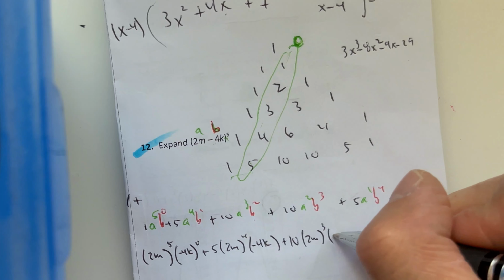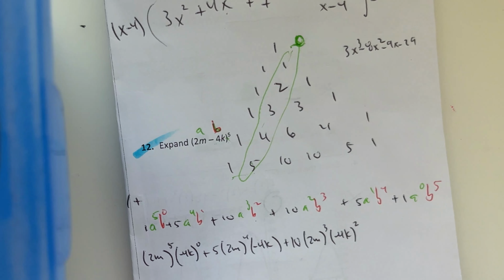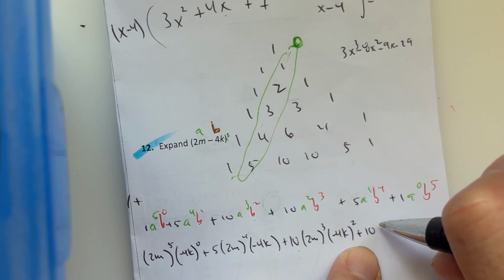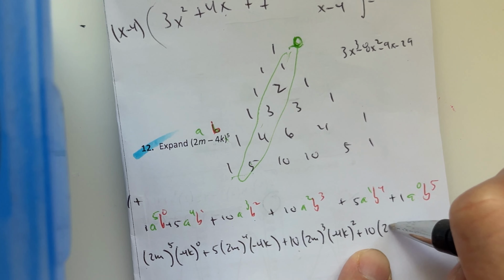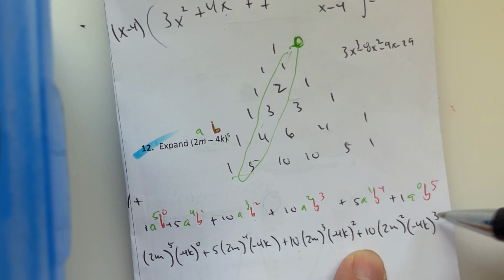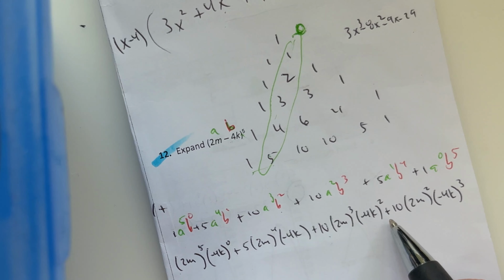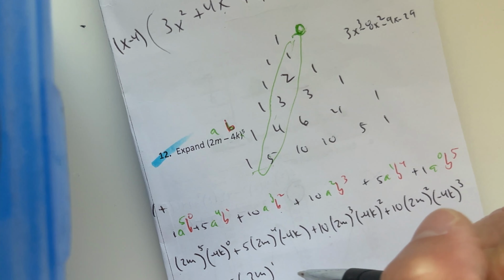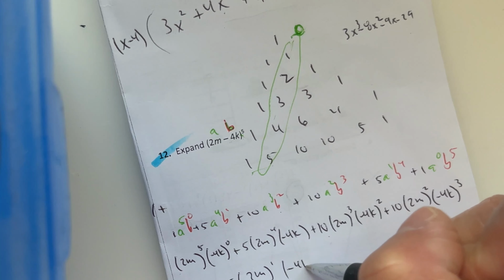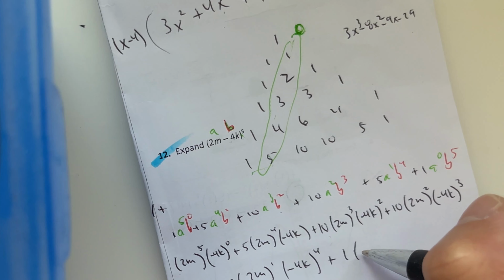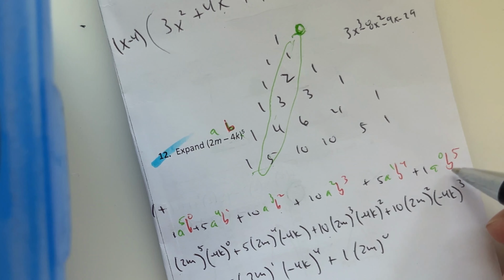Your B value is negative 4k squared. So 1, 5, 10. We're going to run out of space. It's okay. 10. A is 2m to the 2nd power. Negative 4k to the 3rd power. A value to the 1st power, which doesn't do anything. B value, negative 4k to the 4th power. And then the A value to the 0 power, B to the 5th.